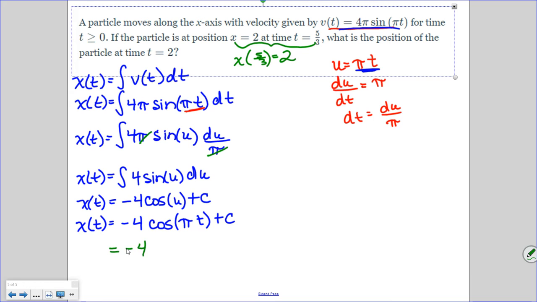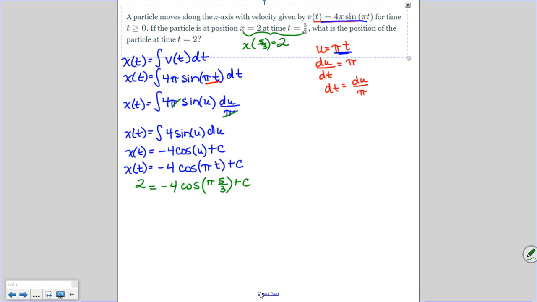So negative 4 cosine of pi times 5/3 plus c is equal to 2. So I've got 2 equals negative 4 cosine of 5 pi over 3 plus c.